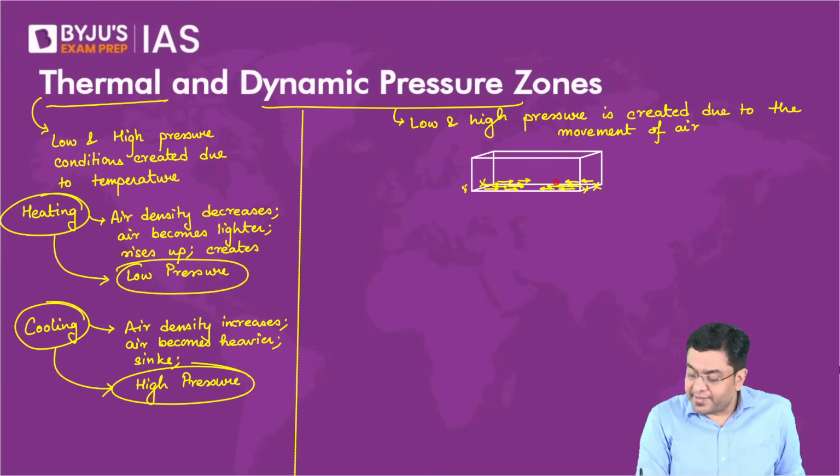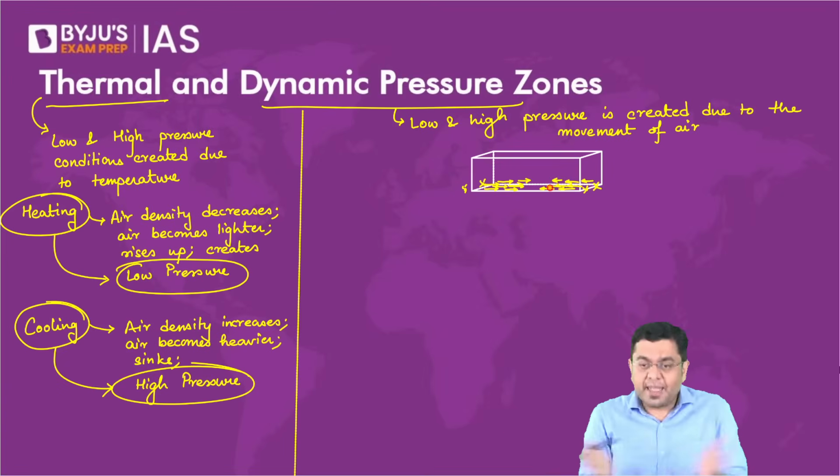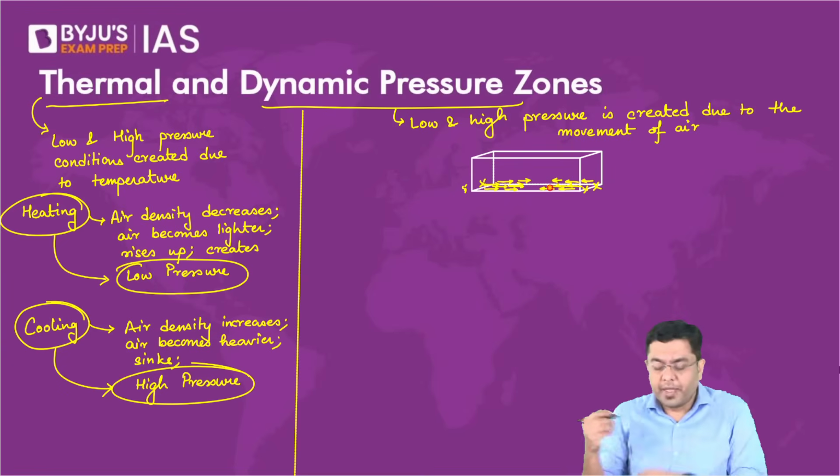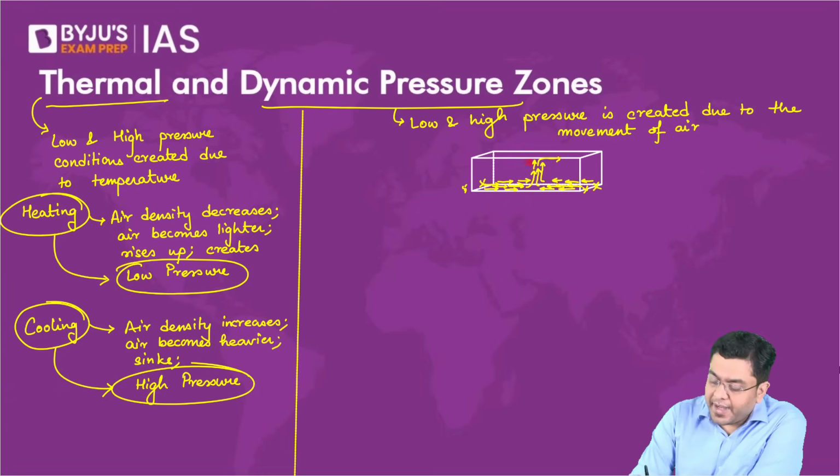So in this case, as the air collides and converges, it will have to be rising up. The air will have no other place to go but rises up. It hits the ceiling and diverges again. Right? So here you have the rising air at this particular portion.